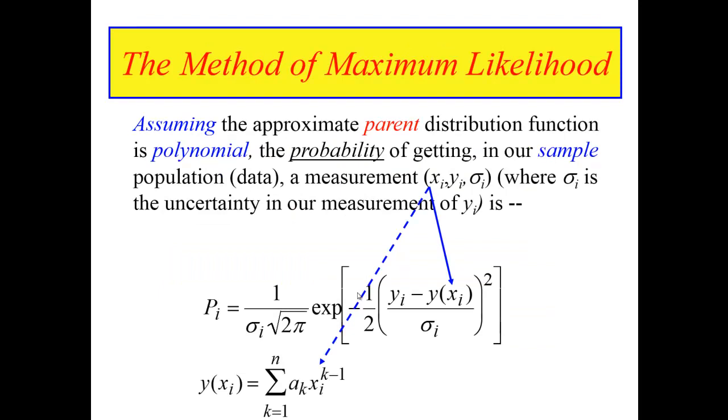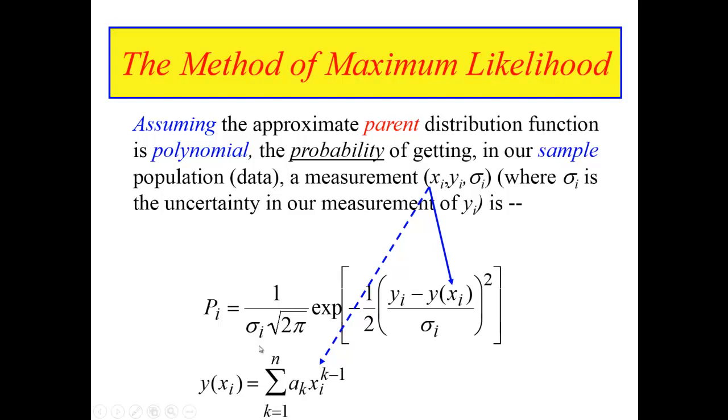And again, we're using the method of maximum likelihood, in which we write down the probability of obtaining the specific sample population that we did obtain from the parent population. So the probability of getting in our sample population a particular measurement, which is just one set of data, x_i, y_i, characterized by a sigma_i, is this familiar Gaussian form that we've used before.